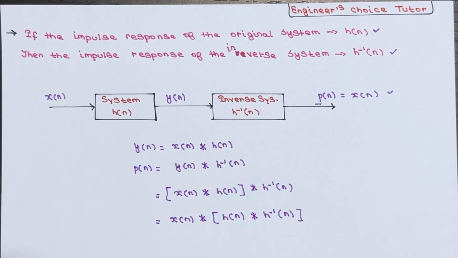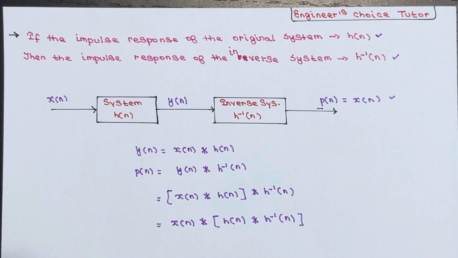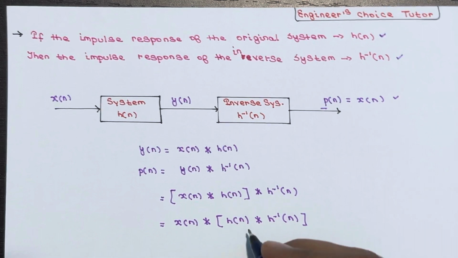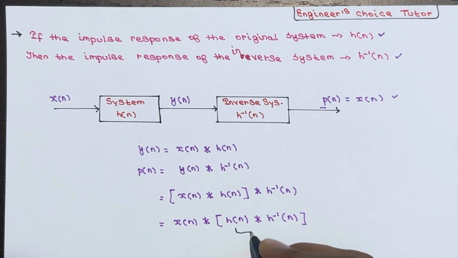Now here is the twist. You should be aware of one thing. Anyhow, we are going to cover this in the future, but you should be aware: the convolution of h of n and the inverse of h of n will give you delta of n as a result.